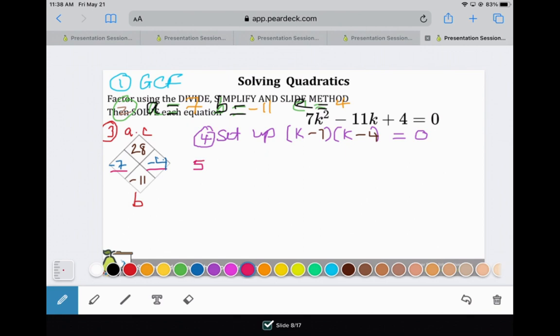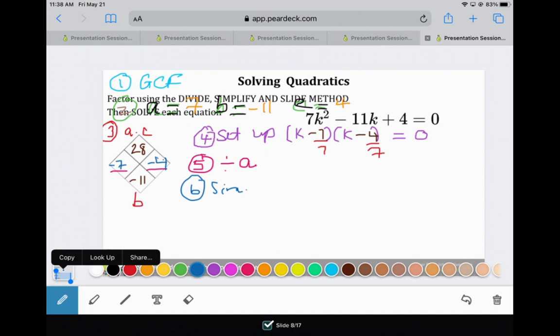Step 5, I will divide with the a values. So my a value is 7, so I'm dividing by 7. Step 6, I'm going to simplify. So I can have k minus 1, k minus 4 over 7, which is 0.